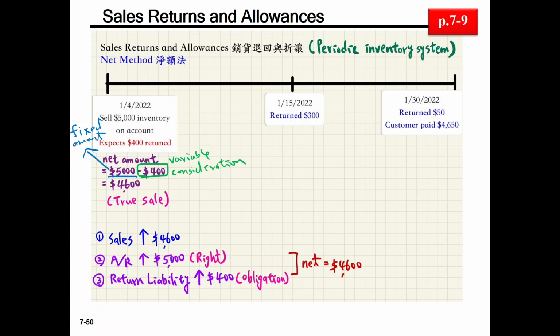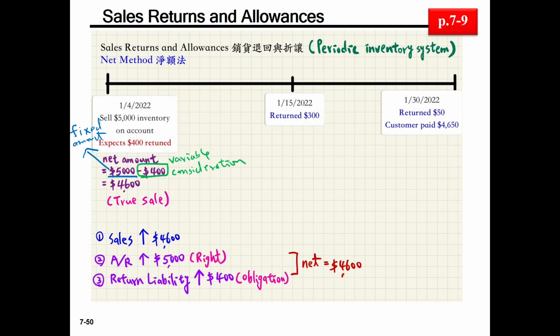So you have to recall the true sales. The true sales of $4,600 means the true revenue we expect to receive in the future should be $4,600.